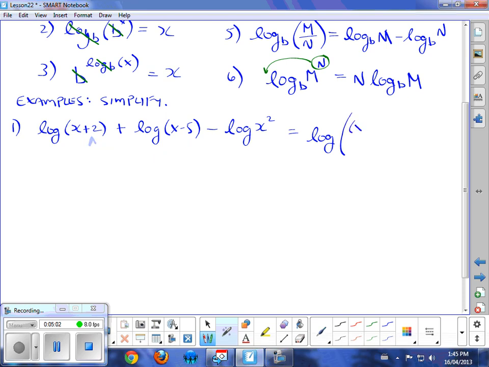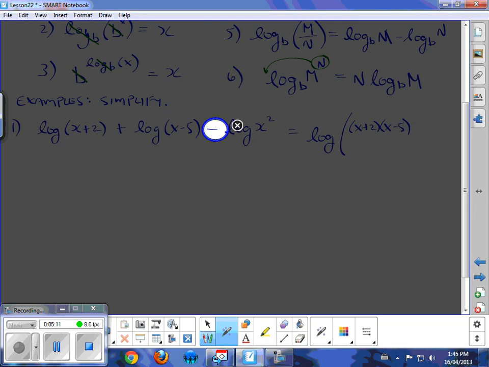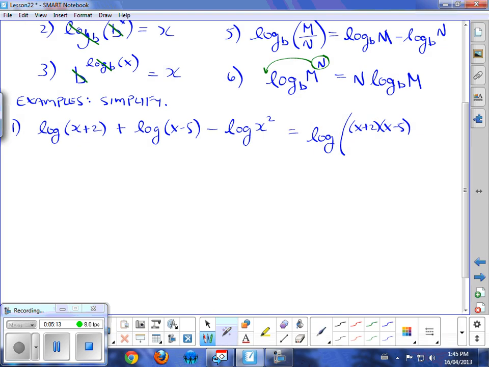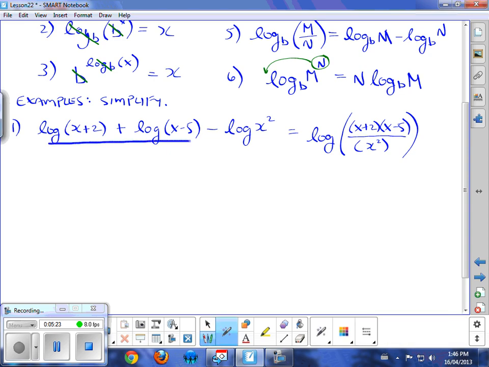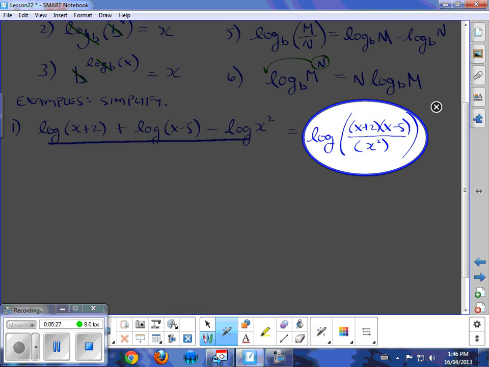I'm going to have x plus 2 on top, x minus 5 on top. And because the last term is being subtracted, when we apply our properties, it will appear in the denominator. So we can take a complicated expression like this one, and we can reduce or simplify it to one expression. Okay.